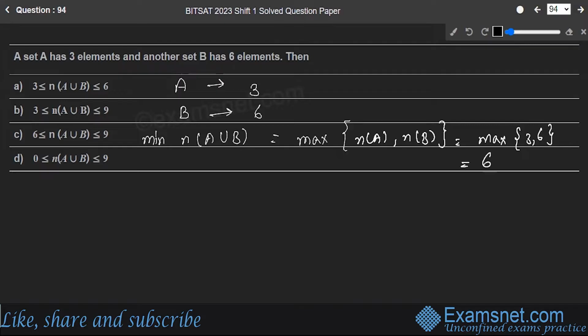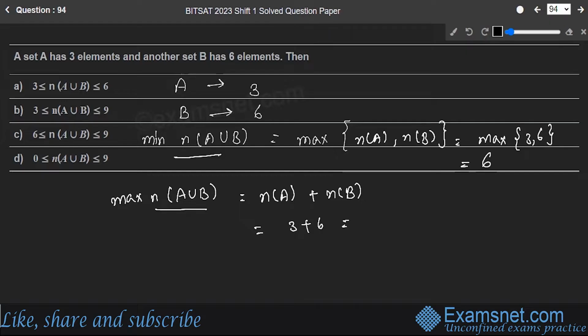That is definitely 6. And the maximum number of elements in A union B is given by the number of elements in A plus the number of elements in B, which is equal to 9.